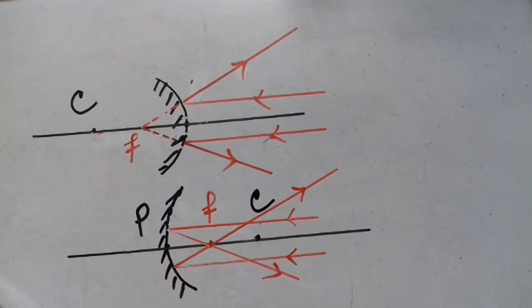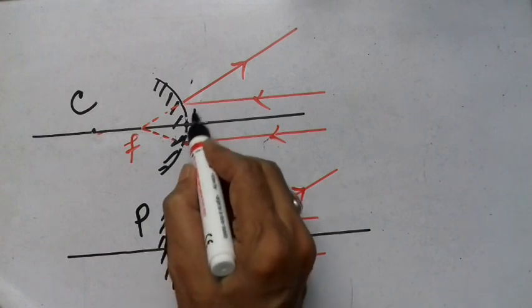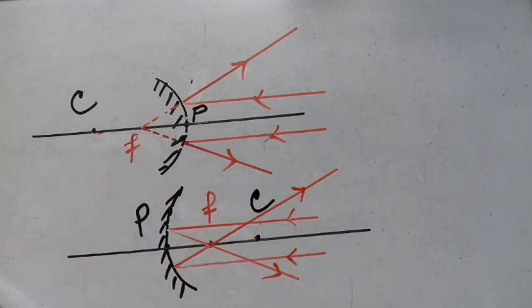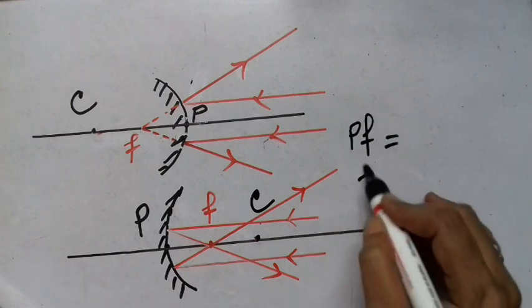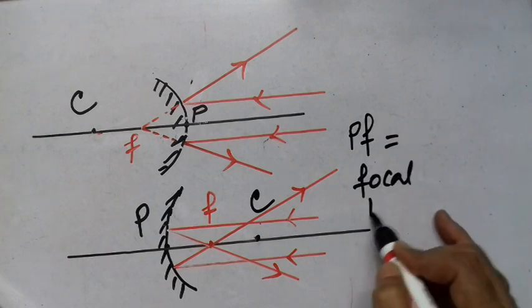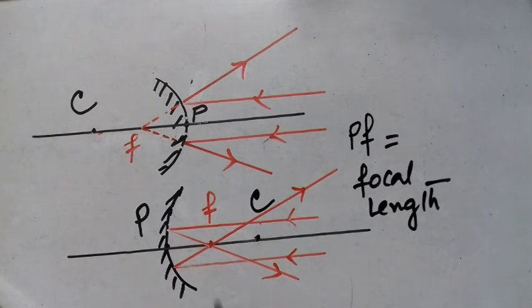The distance from the pole to the principal focus is called the focal length. PF, this distance, is called focal length, and it is observed that F is exactly the midpoint of PC.